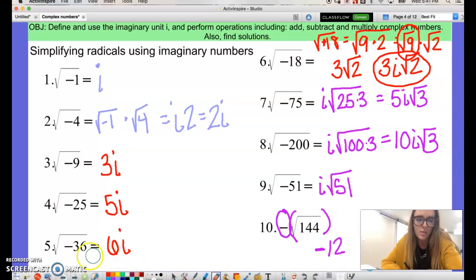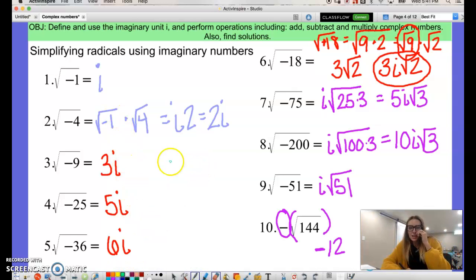Okay, moving on. Another thing I want to point out before I move on is that we are not solving, we're just evaluating. In these cases, it's asking us, what is this? So there's just one answer. When we talk about variables, like we will on the next slides, we will actually be solving, and we'll have to consider a positive or negative answer. So for instance, x equals the square root of 25.